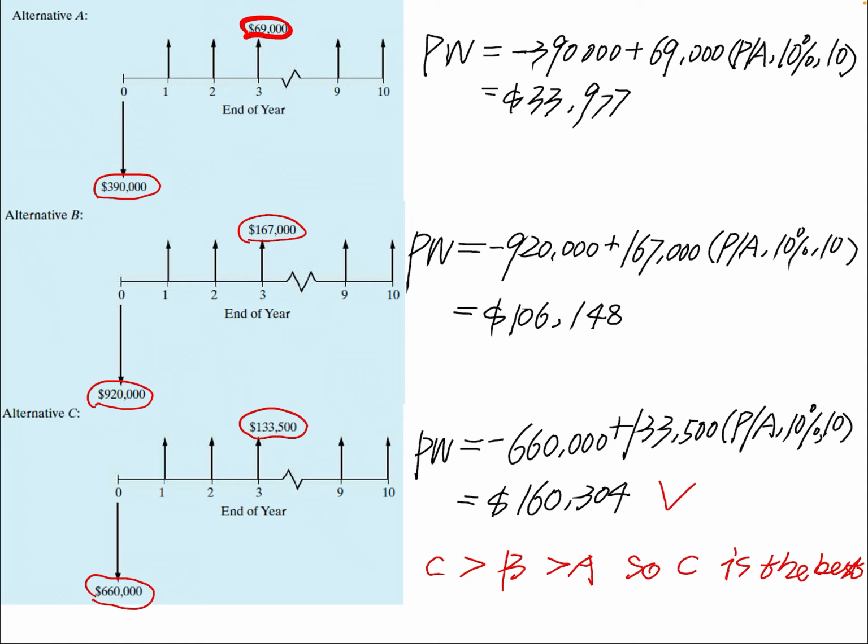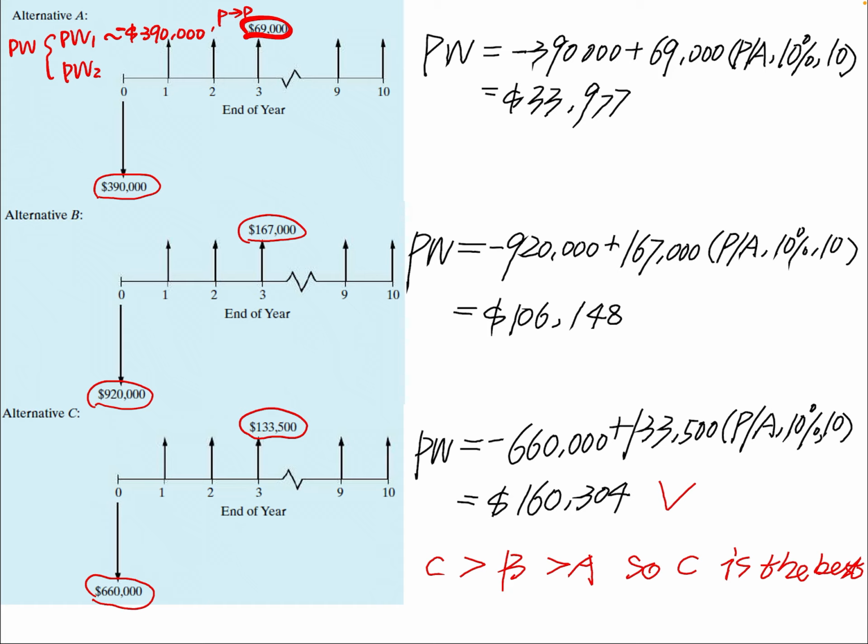So for example, for alternative A, the present worth has two parts, PW1 and PW2. PW1 is from the initial price, which is negative, you're going to pay it, and since you're converting present worth to present worth, you don't need to convert at all.